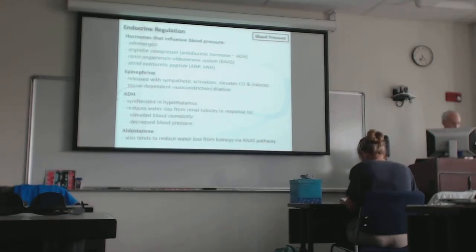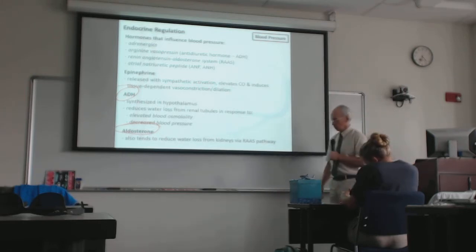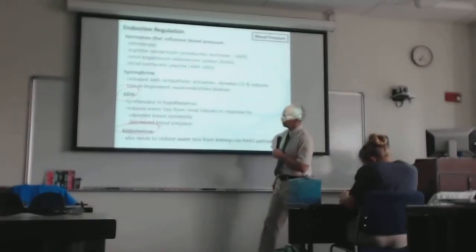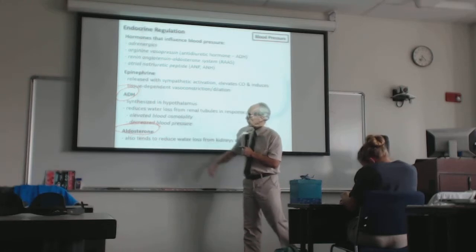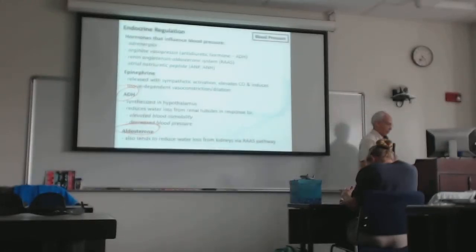This pathway also has an effect on blood pressure. We'll talk about that, especially as it relates to this hormone 2, the aldosterone, released in response to renin and angiotensin, which is also an antidiuretic. So it would also have an effect on blood volume.